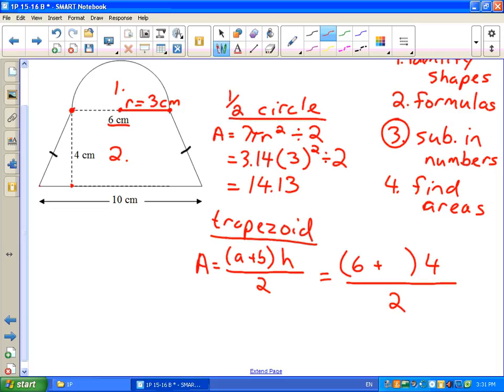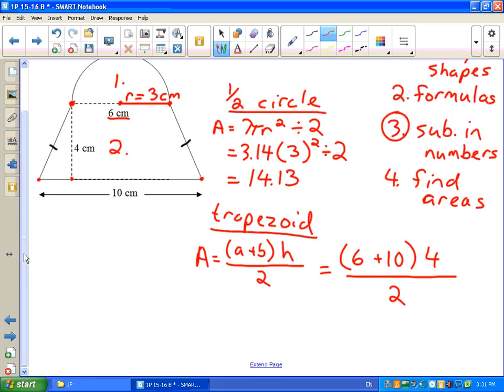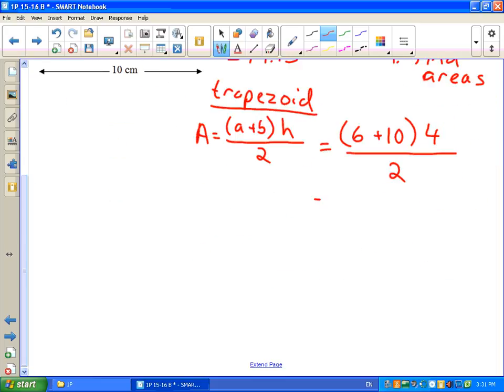B is the distance from here to here, that's my 10. I do the calculation in brackets first: 6 plus 10 is 16, times 4, divided by 2. Put that into my calculator, and I get 32. So the area of my trapezoid is 32.